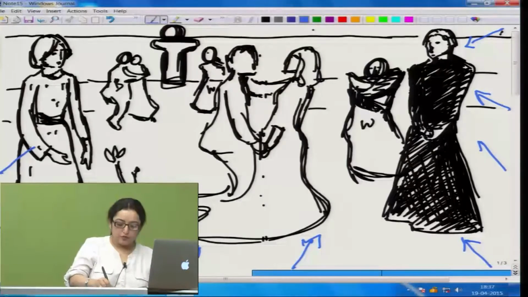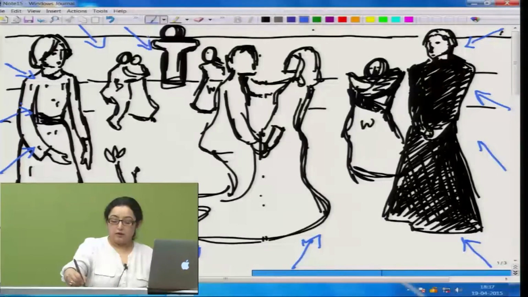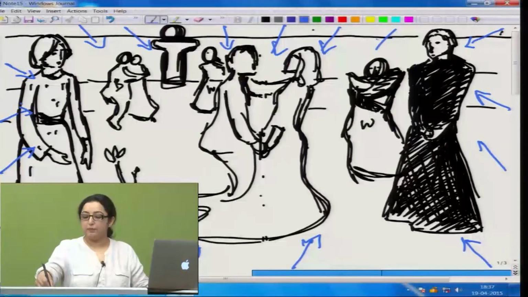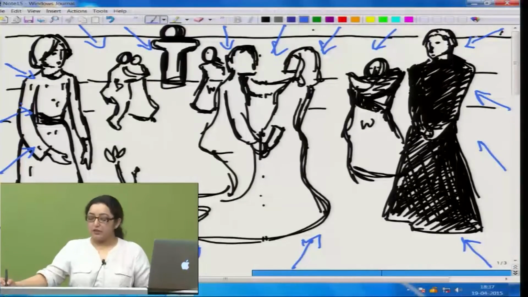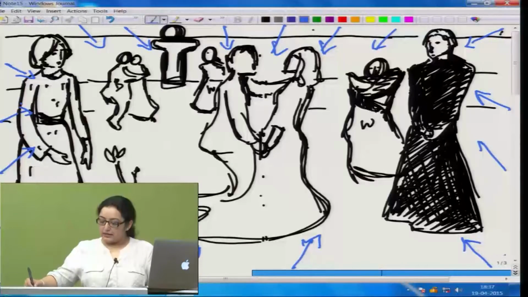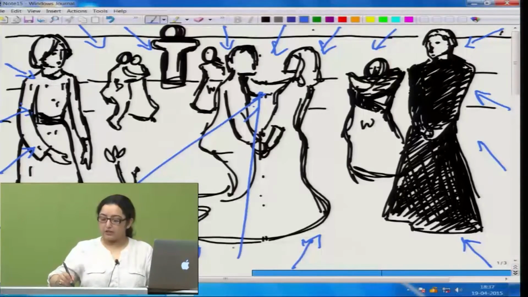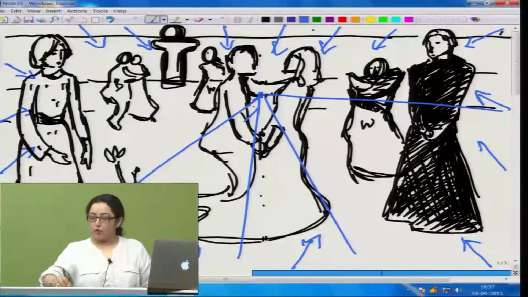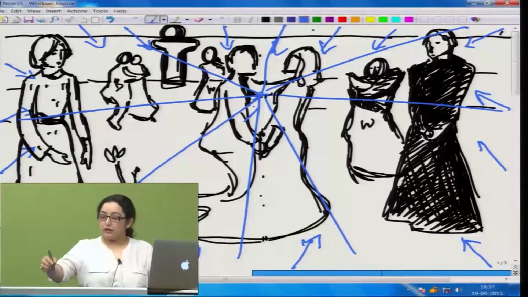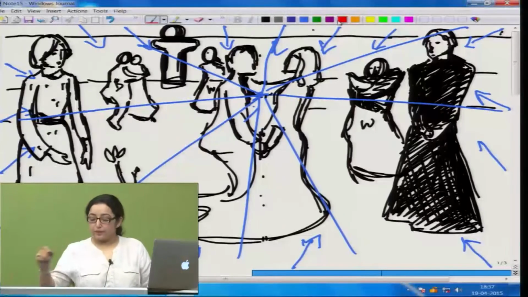It is happening from all sides, and by leaving this much space at the edge of the painting, he has made the focus come somewhere in between. All the lines are somehow converging into a point, or perhaps coming out from a point which is like a vanishing point right at the center.